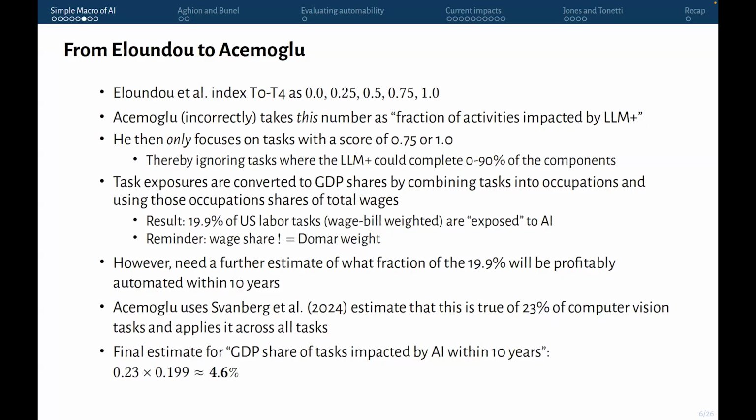One more question. Yeah, Maxine. It's hard for me to understand why you would have tasks that can be automated to some degree. Isn't the point of tasks to write them in a way where they can only be automated or not automated?